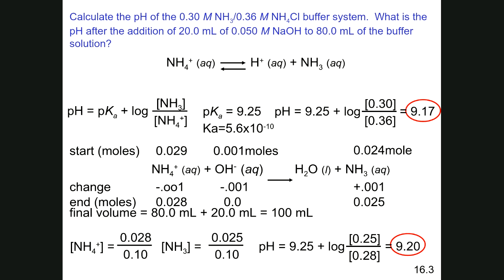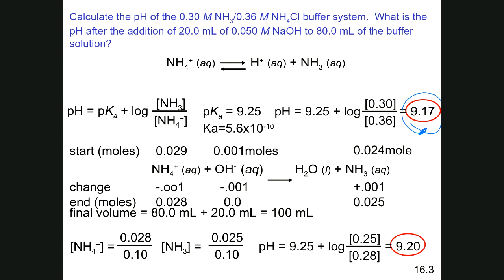So what is unique about a buffer system? A buffer system can maintain the pH with limited acid or base added. The pH is not going to change a lot. Like in this example, after we go through the calculation, you see that before adding any acid or base, you have pH 9.17.